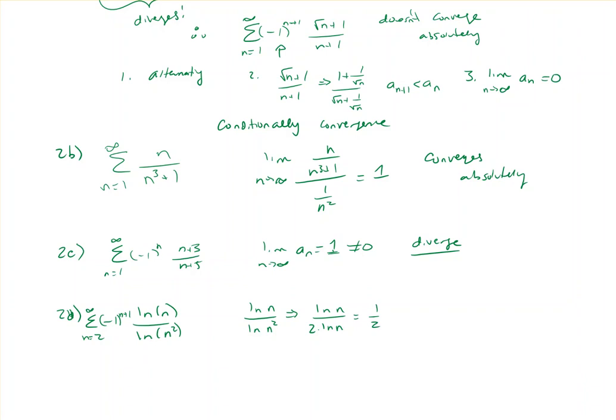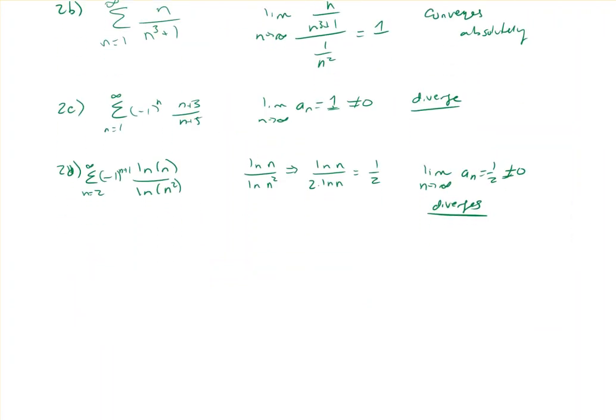This series is literally adding a half, then subtracting a half, and adding a half, and subtracting a half. That's literally what's going on there. And because it doesn't equal 0, it diverges. Yeah, those are fun.